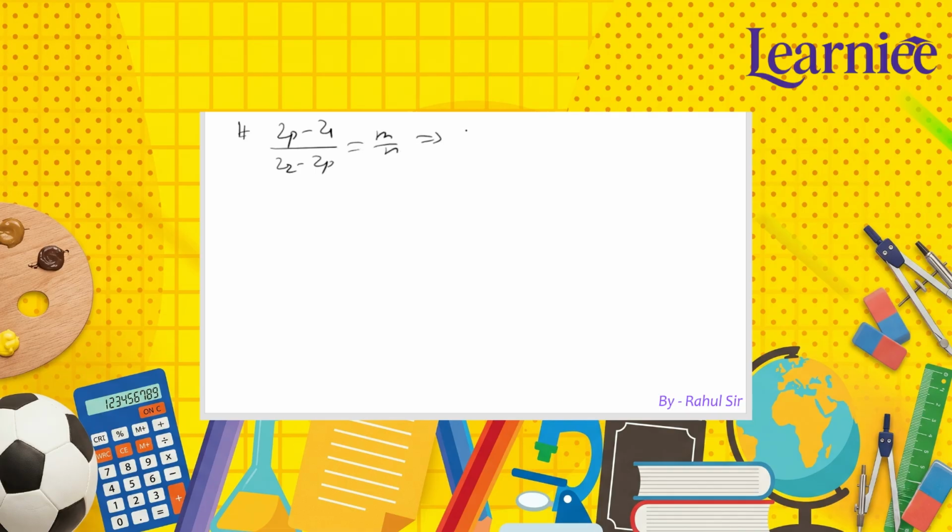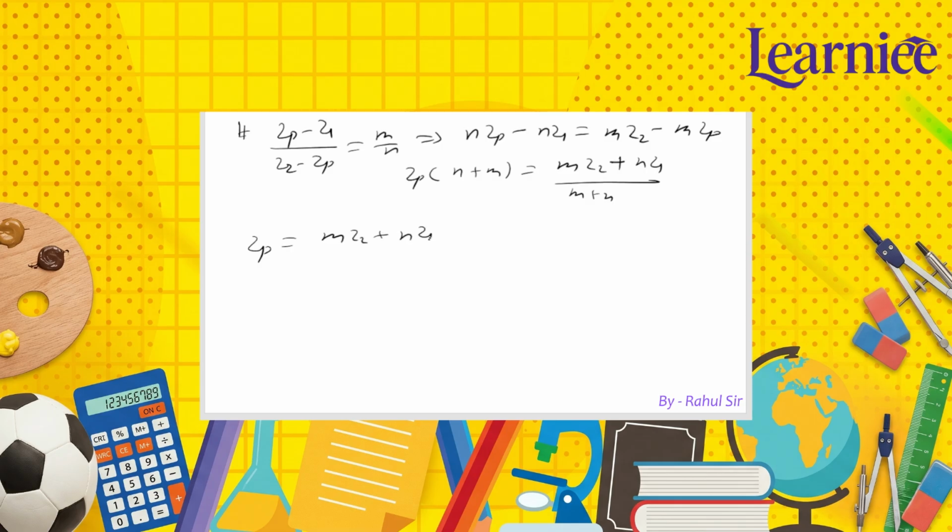We can clearly see that n zp minus n z1 is equal to m z2 minus m zp. So we can take the common as zp. zp times m plus n is nothing but m z2 plus n z1. So essentially zp is m z2 plus n z1 divided by m plus n.